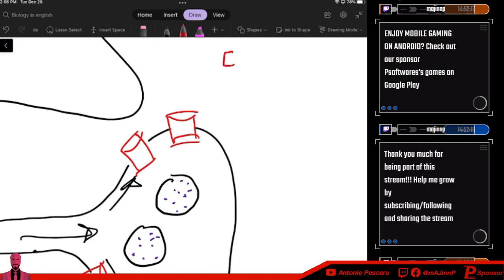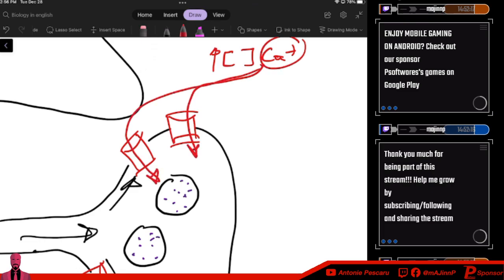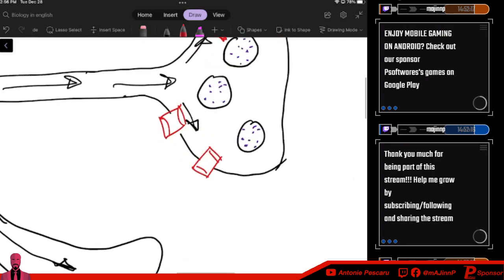And you know what that means? You also have a high concentration of calcium in the extracellular space. And again, following its concentration gradient, a high concentration of substance always wants to go to a lower concentration. So your calcium is going to want to go inside of the cell. And that's what's going to happen.